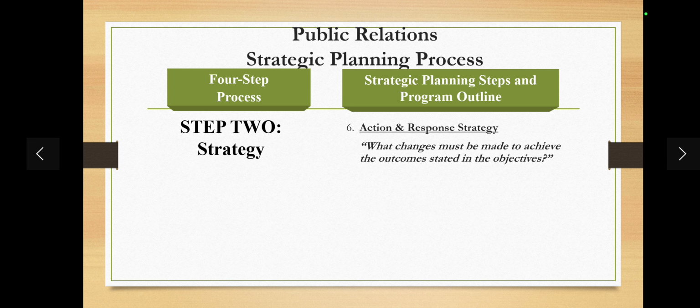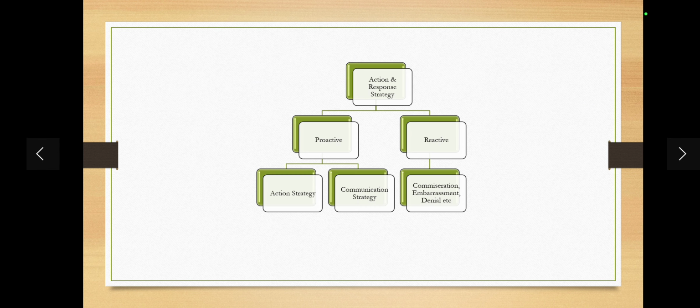Still under strategy, we talked about action and response strategy in class. Now, if you do not remember, let's go to the next slide so I jog your memory. In class, we talked about action and response strategy, and then I said under action and response strategy, we have proactive strategies and then we have reactive strategies.